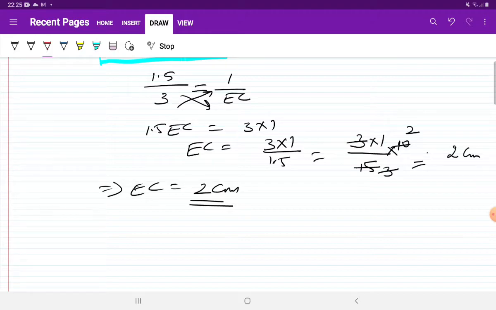And regarding the second question from exercise 6.2, you have to solve that yourself. In case you are facing any problem solving the second question, you can keep your doubts in the comment box. I will solve. First try yourself, because all are same. In part number 2 of the second question, you have to just write true or false.